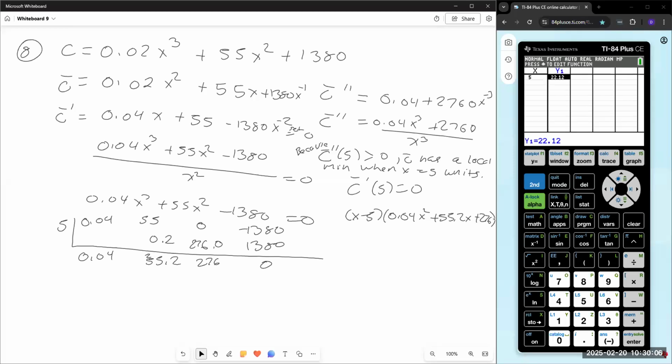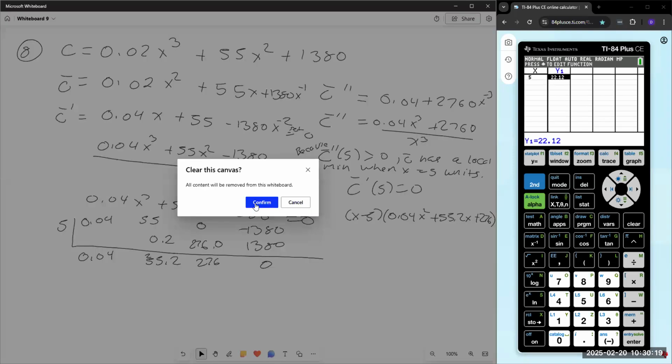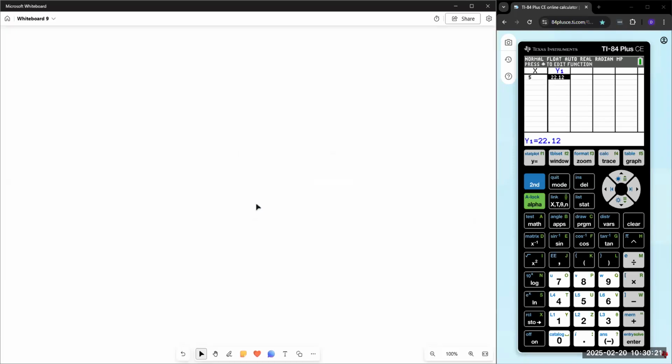That's number 8. Let's move on now to number 9, which takes us to a new section on maximizing profit. They're going to give us a demand equation that correlates production with price, and they're going to give us a cost function.